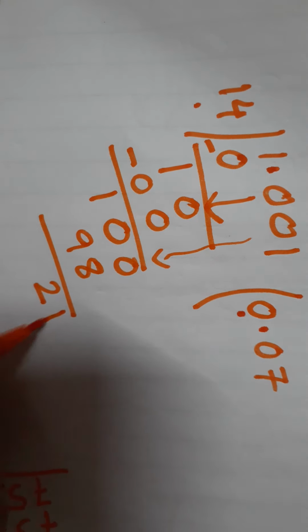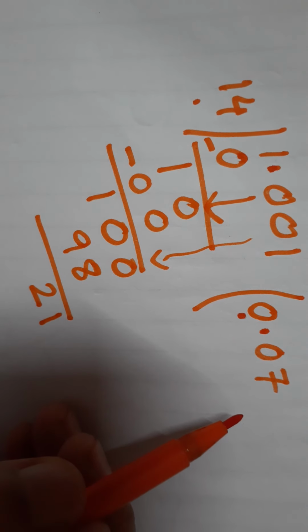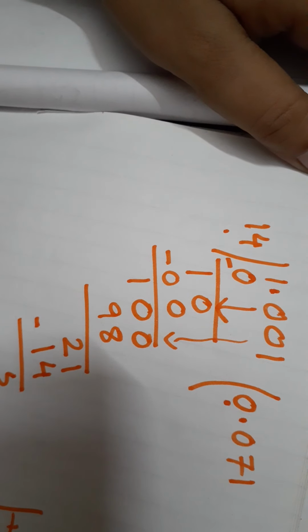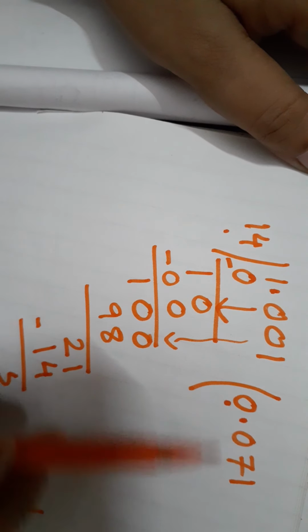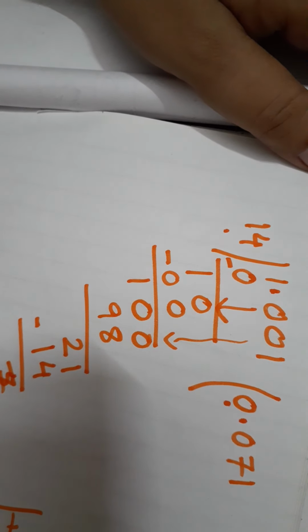And this 1 will come down. So students, now you can see only 1 time this 14 will go into 21. Now we are subtracting 14 from 21. When we subtract 14 from 21, we will get 7.